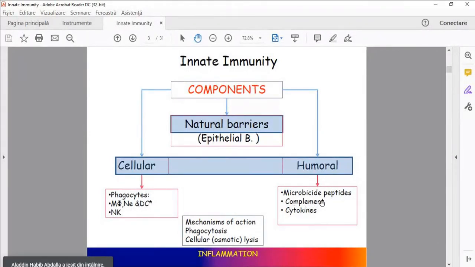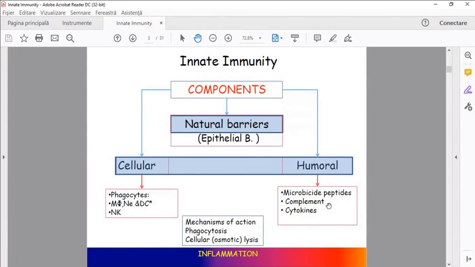Proteins belonging to the complement system belong to the humoral part of innate immunity, but also to the humoral part of adaptive immunity, because this system can be activated in two ways: in a non-specific manner, as in innate immunity, and in a specific manner, as in adaptive immunity, by antibodies which opsonize some bacteria, for example.